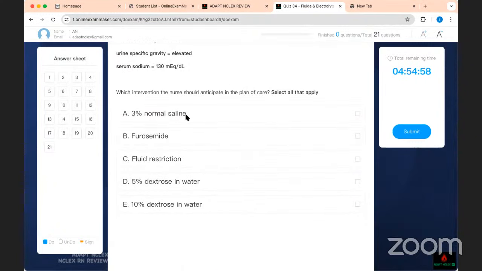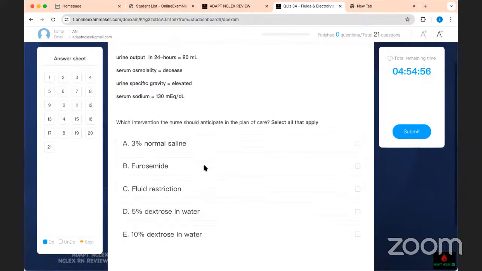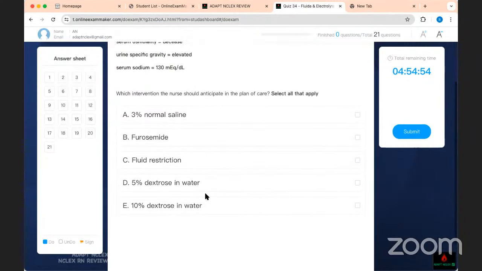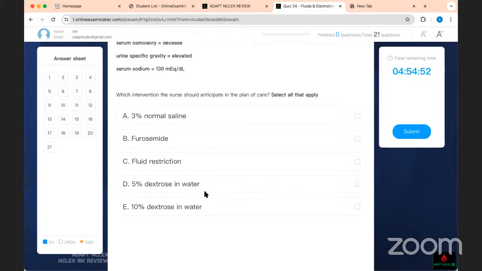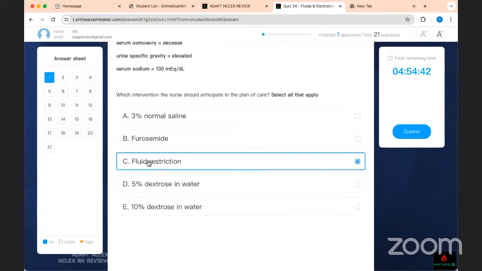After that, you look at the options. Which of those is consistent with the management of SIADH? This is fluid and electrolytes, how you can apply it, right? The patient is already fluid overloaded. We're going to fluid restrict the patient. Patient fluid overloaded, well, we get rid of some fluid.